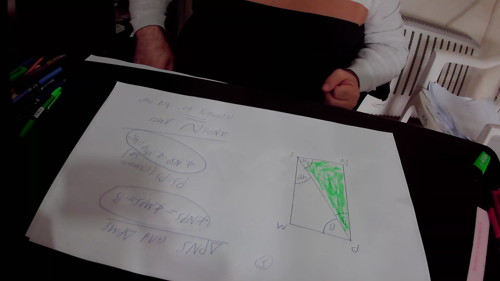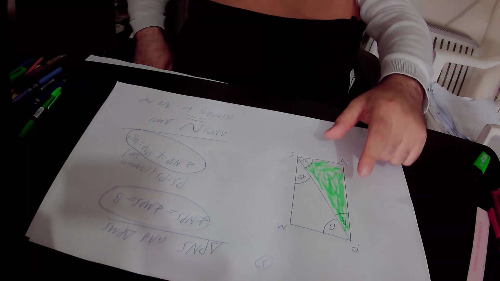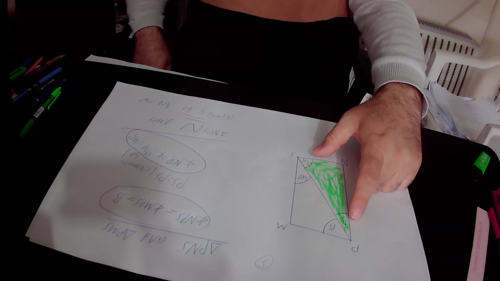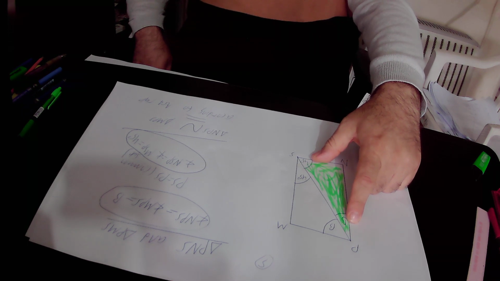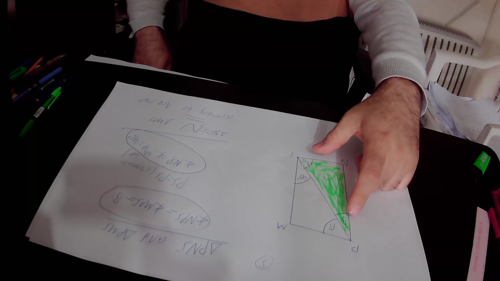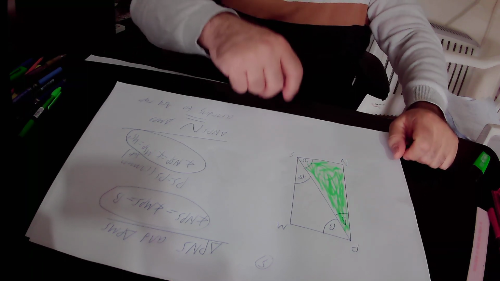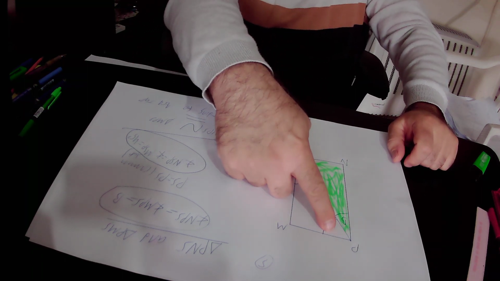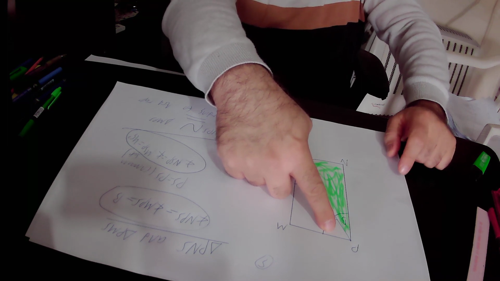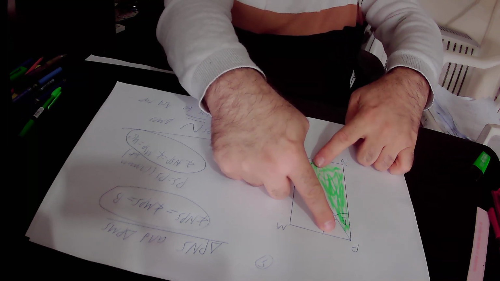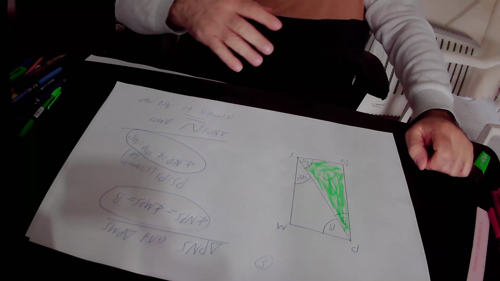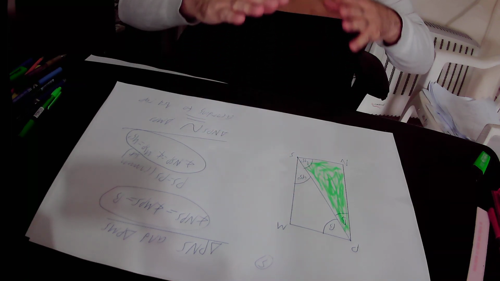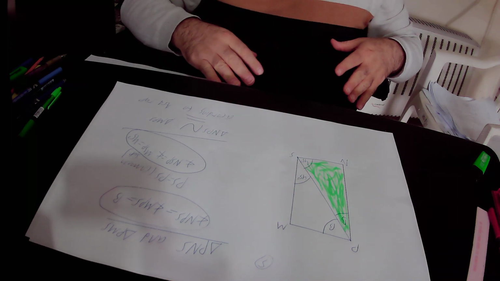And we proved that those two angles and the side between them, that is to say PS, in the green triangle are congruent to those two angles and the side between them, PS, in the white triangle. Therefore those two triangles are congruent according to the angle side angle rule.